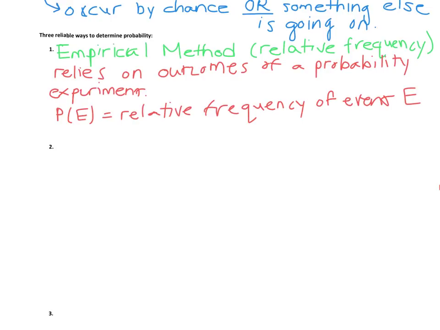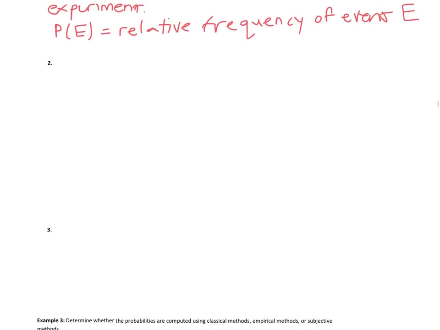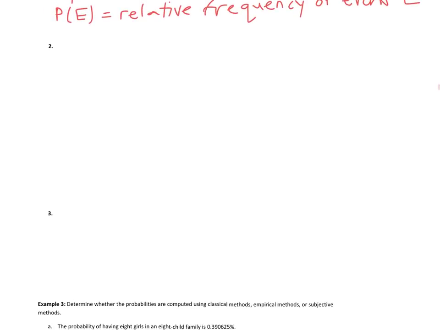All right, the other way that we're going to determine probability, and the one we're really going to be focused on in this class because it's the most difficult to calculate, is the classical method. The classical method is a counting technique.